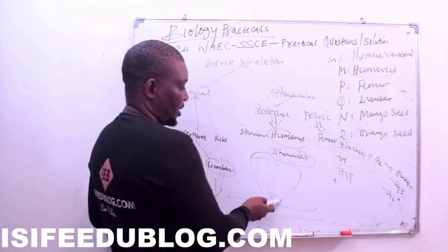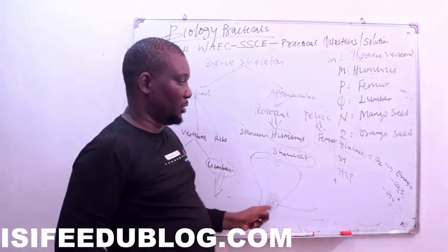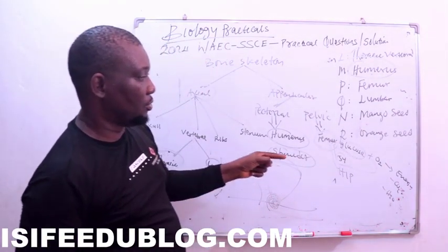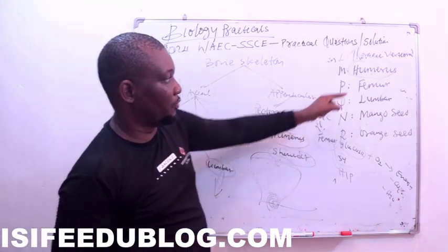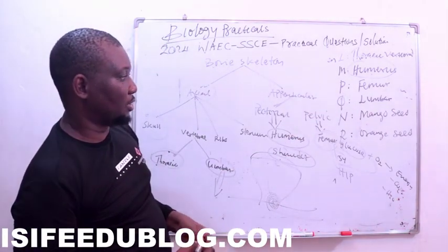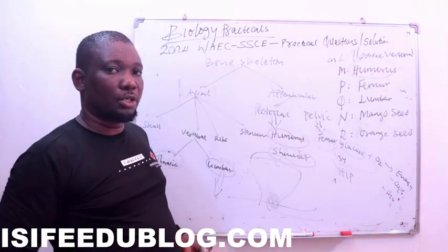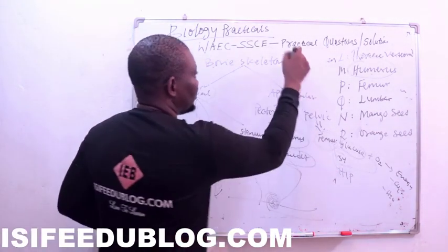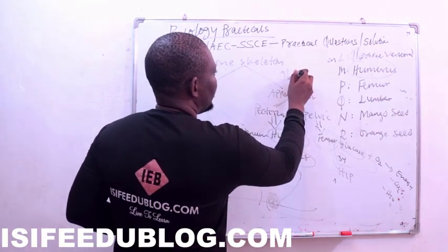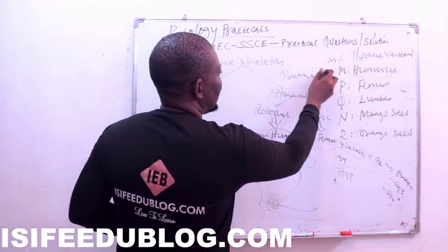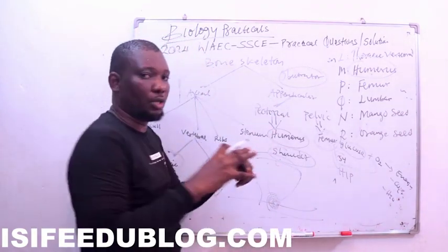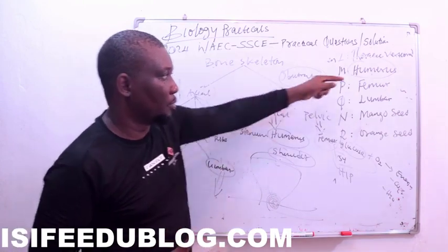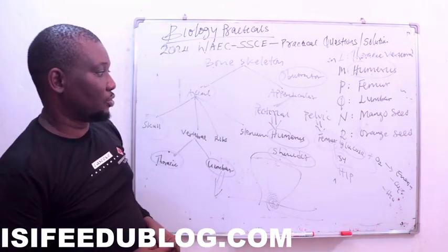Just like we have the cavity where the humerus head fits, there's also another cavity where the head of the femur fits. That cavity is found at the hip region and is called the obturator foramen. It provides a surface for articulation of the head of the femur, and also forms a ball and socket.